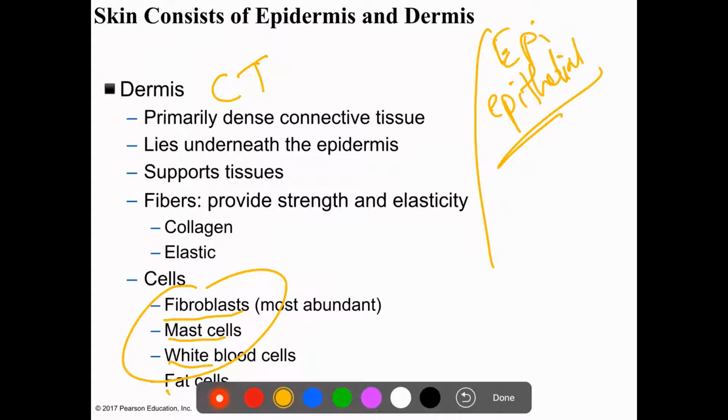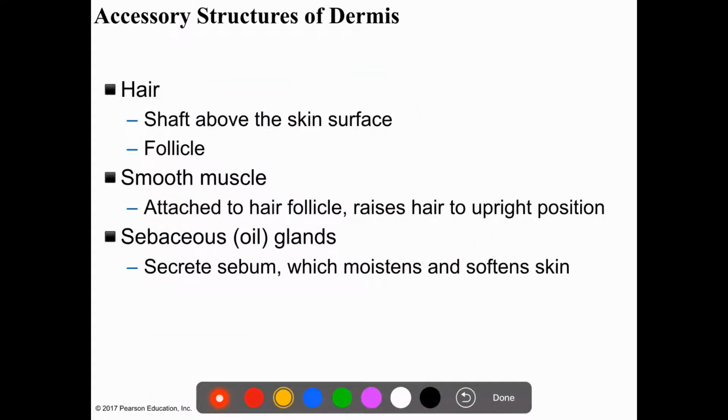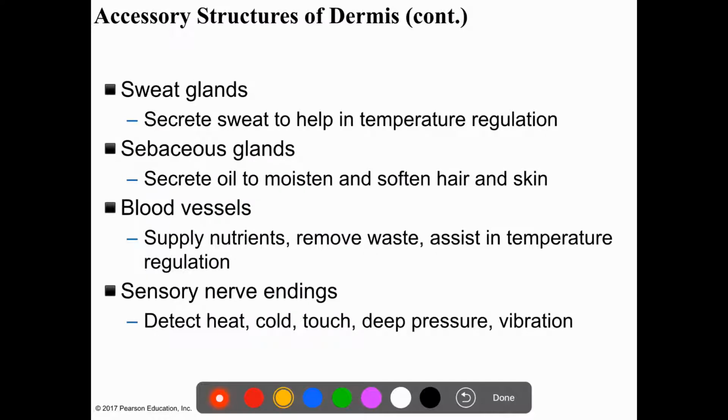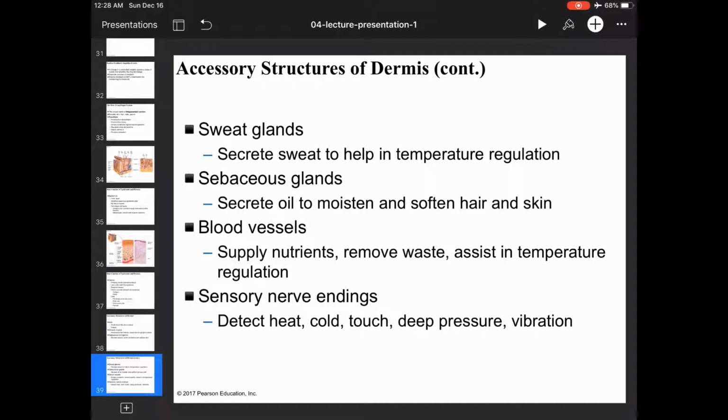Remember, this is stratified squamous cells, whereas here it's mostly dense connective tissue. It has collagen fibers, elastic fibers, and different types of cells. And we talked about these accessory structures, which I covered when I explained them on the image.